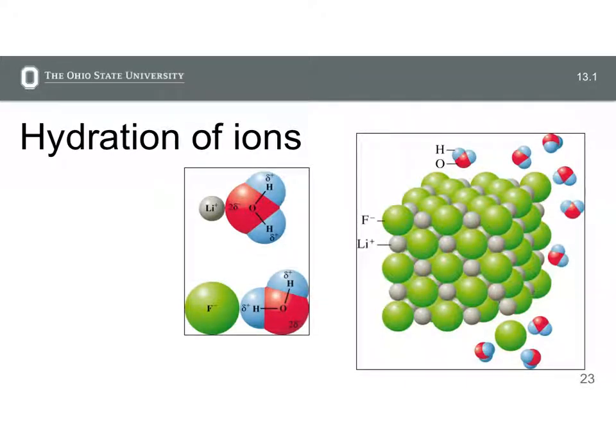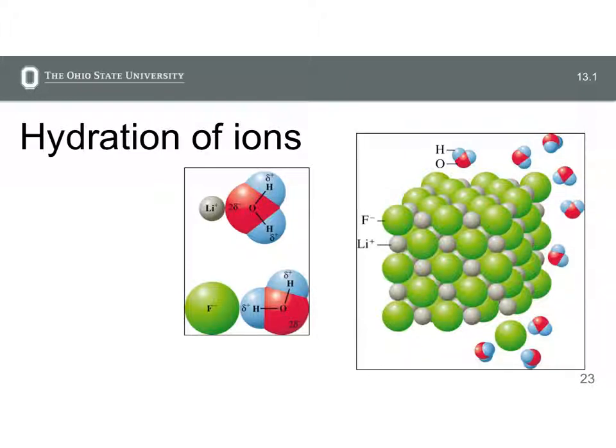And that's important because this type of interaction is what actually allows the solvation to occur for an ionic substance. So what I'm showing here in this figure is a crystal of lithium fluoride. Okay, and what we're going to see is water molecules interacting along the edges of that crystal. And you'll see the proper orientation of those water molecules around each type of anion or cation.